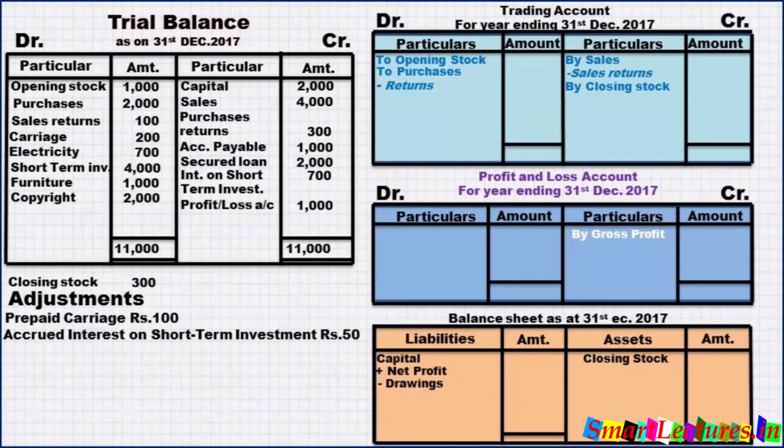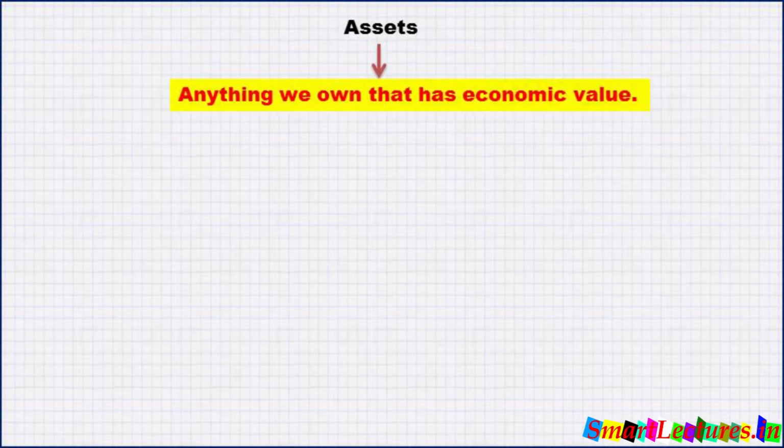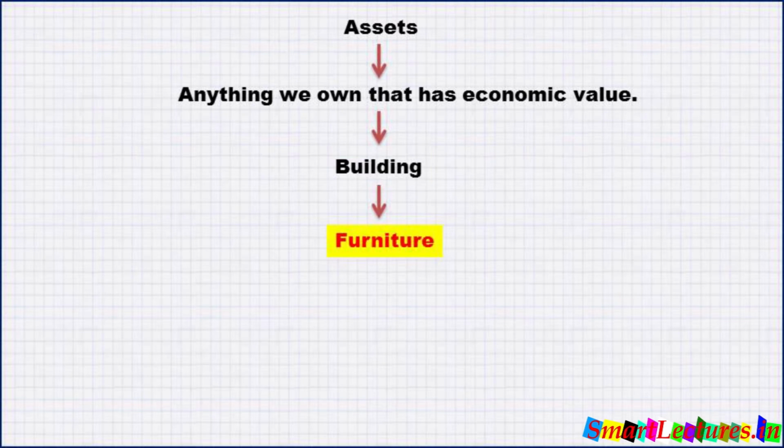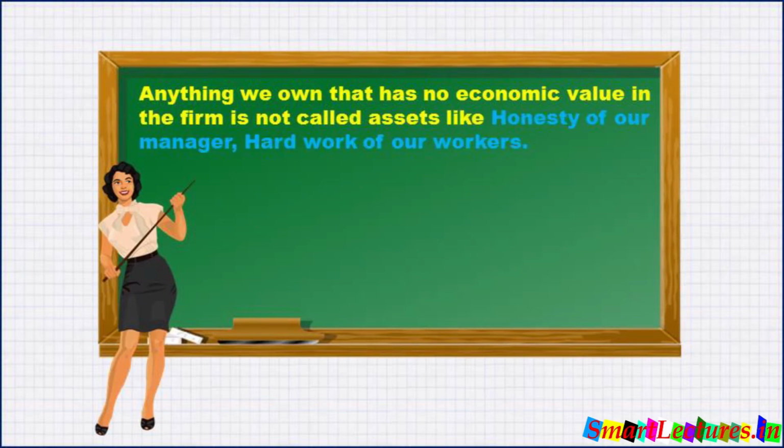Let me explain to you how the assets are taken from different points of view. Anything we own that has economic value is our asset, just like building, furniture, etc. But anything that doesn't have any economic value is not our asset in the firm, just like honesty of our manager, hard work of our workers.